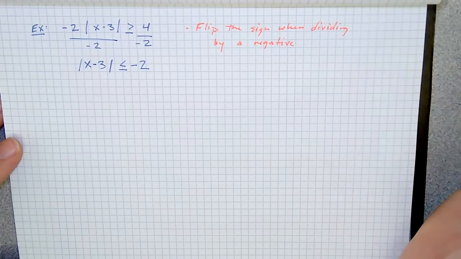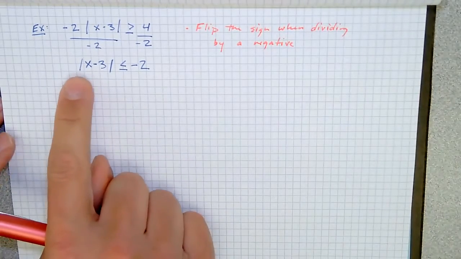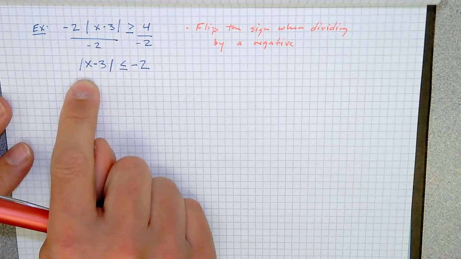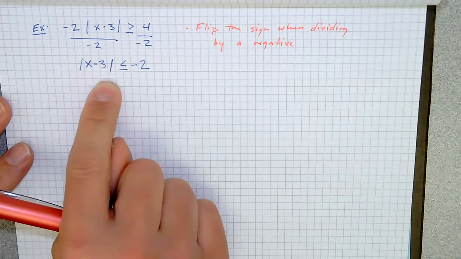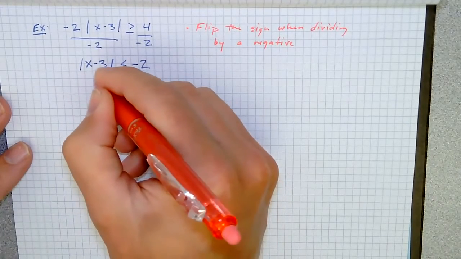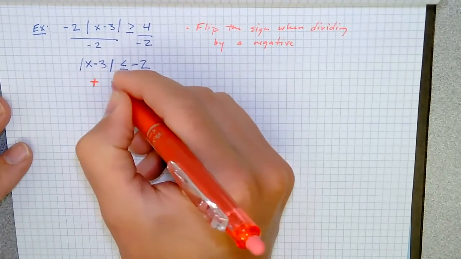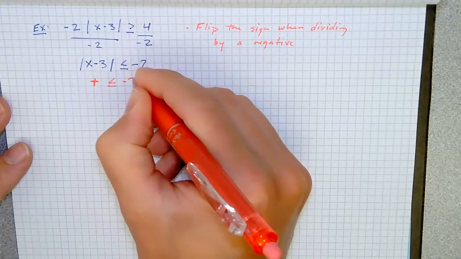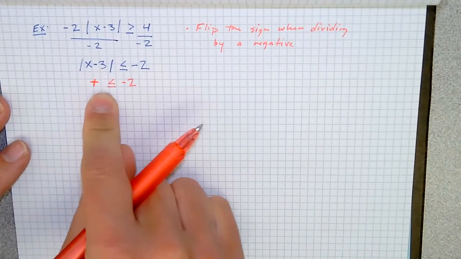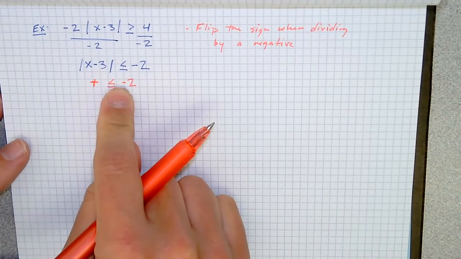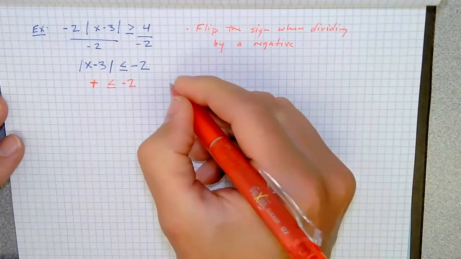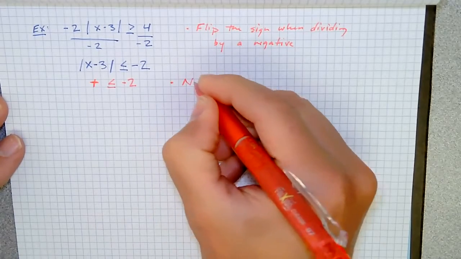Special scenario number 2. Okay, an absolute value is always going to be what? Positive, negative? It's always going to be positive. So we know that this is going to be a positive number. Is a positive number ever going to be less than or equal to a -2? No. Okay, so this is no solution.